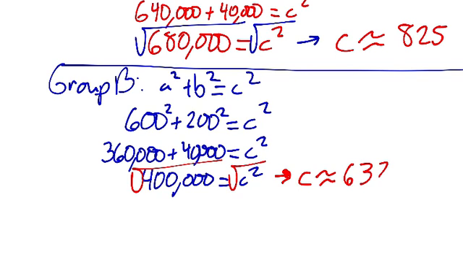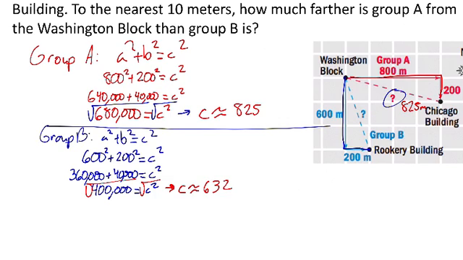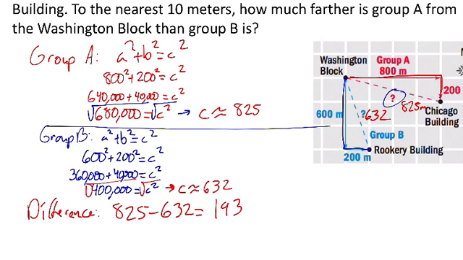So 632. We're asked to figure out how much further Group A is than Group B. So if that's 632, to find the difference, we'll just subtract. Group A's distance, 825, minus Group B's distance of 632, and we end up with 193.